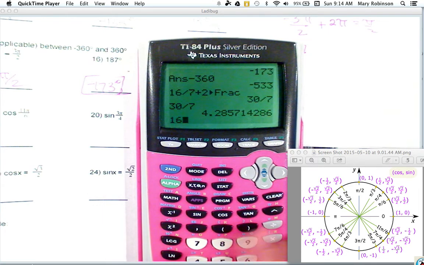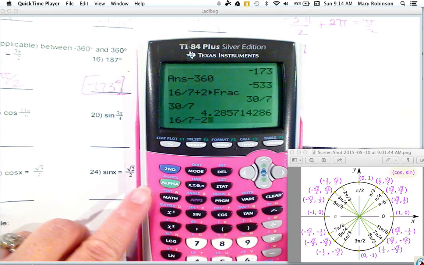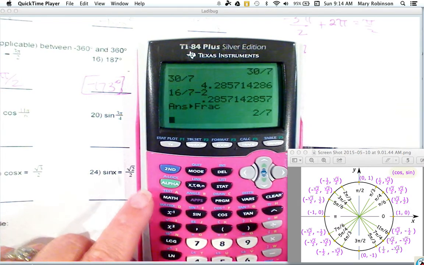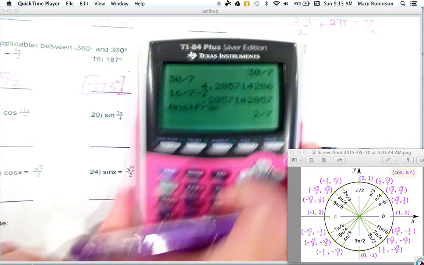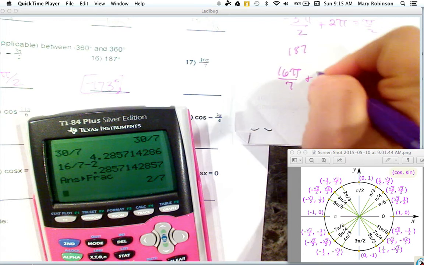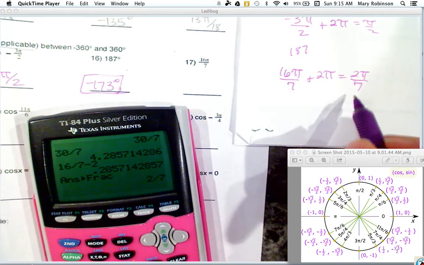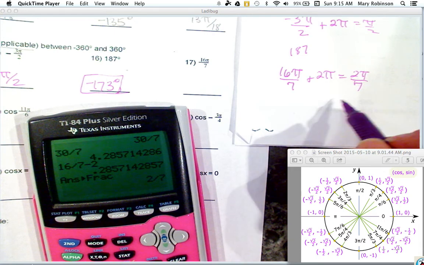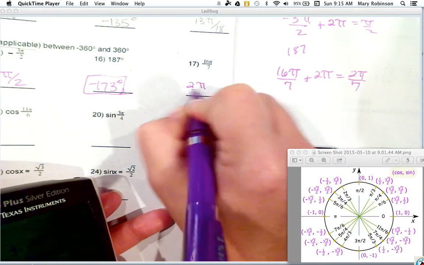But if I do the 16 sevenths and I subtract 2 pi, or just subtract 2, I get 2 sevenths, and that would be 2 pi over 7. And we know 2 sevenths of pi would be in quadrant 1, so that's definitely in between negative 360 and 360. So I'm going to list 2 pi over 7.